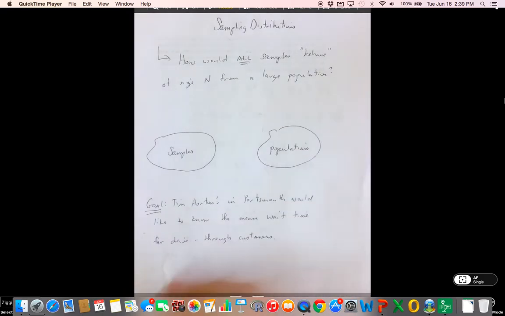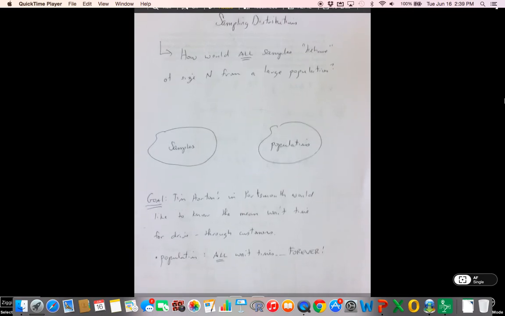Now, the population here would be all wait times. Guys, I mean literally all. Forever. Well, for obvious reasons, we can't collect all wait times forever.